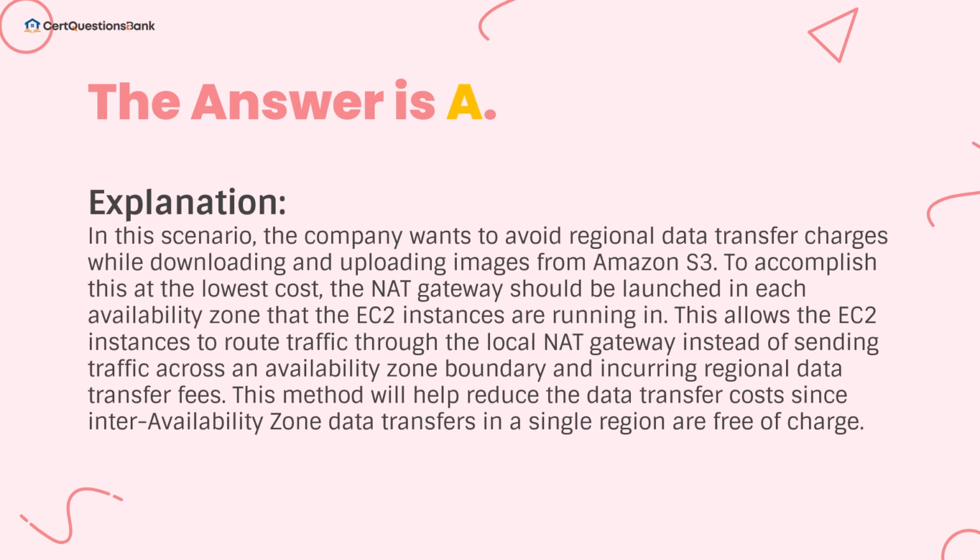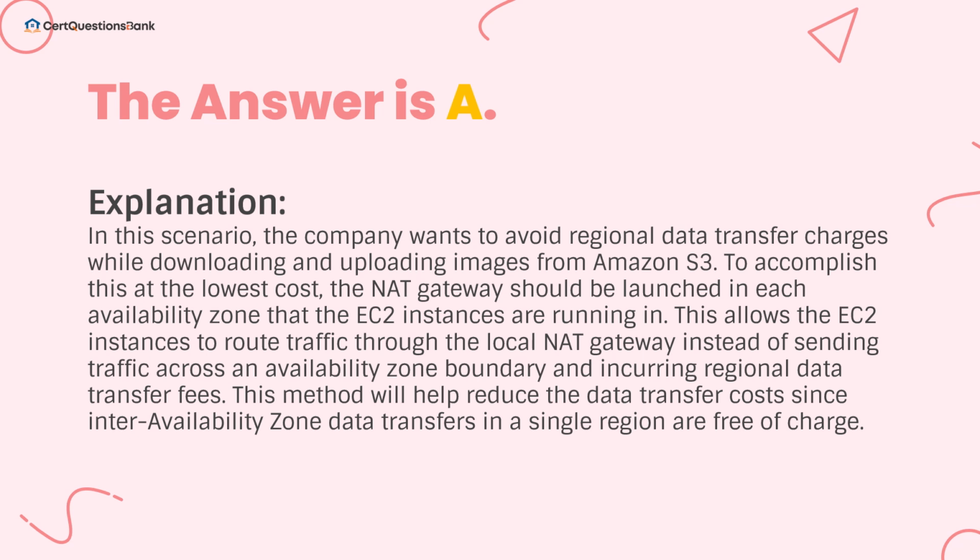The answer is A. In this scenario, the company wants to avoid regional data transfer charges while downloading and uploading images from Amazon S3. To accomplish this at the lowest cost, the NAT gateway should be launched in each availability zone that the EC2 instances are running in.